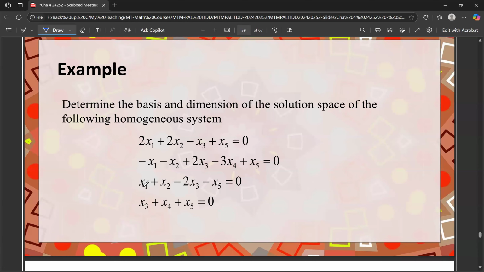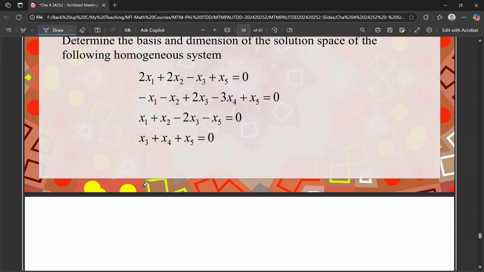Okay, look at the example. We jump into the example. We have here and we make the matrix of this equation. We have two equations in five variables. This is 2, -1, 0, 0, 1. Here we have -1, 2, -3, 1.